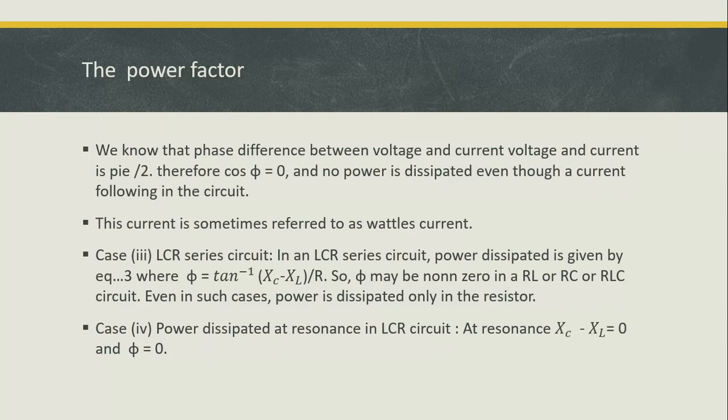Cos 90 is equal to 0. We know that the phase difference between voltage and current is 90 degrees.